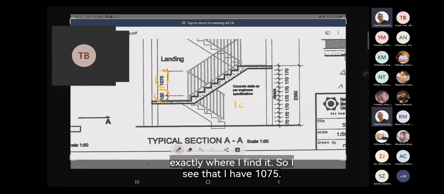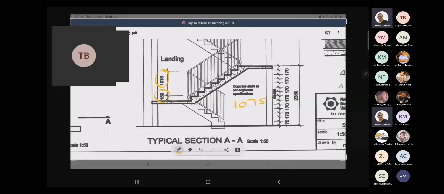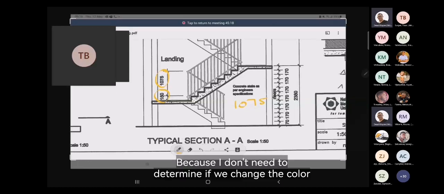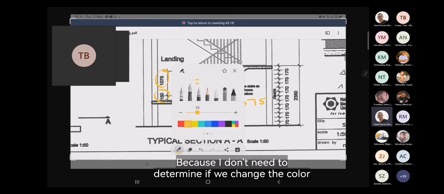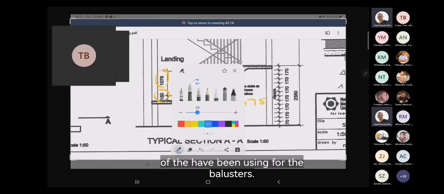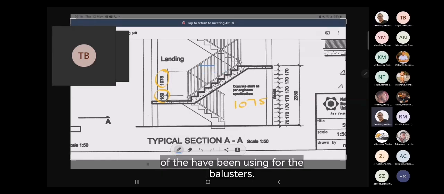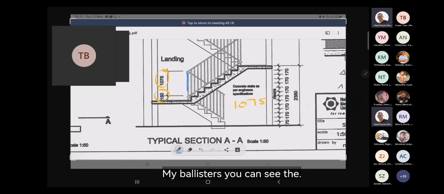So I see that I have 1075, because I now need to determine, let me change to the color that I've been using for the balusters. My balusters, you can see there.